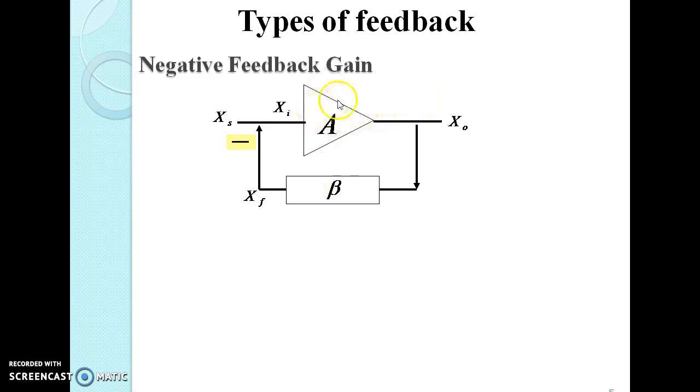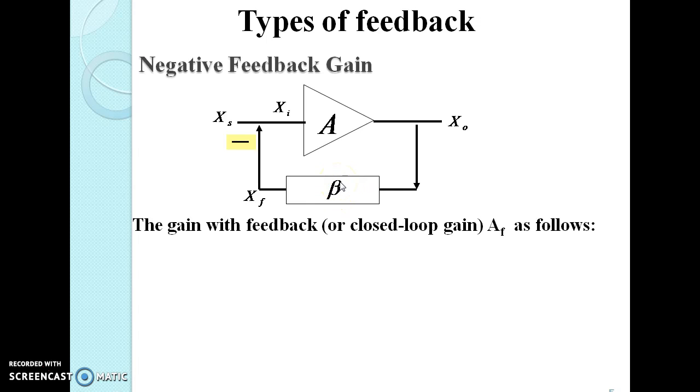We have the negative feedback gain. A is the gain of the amplifier. Beta is the feedback factor. So to find out AF, that is the gain with feedback, we have XO, which is equal to A times XI.